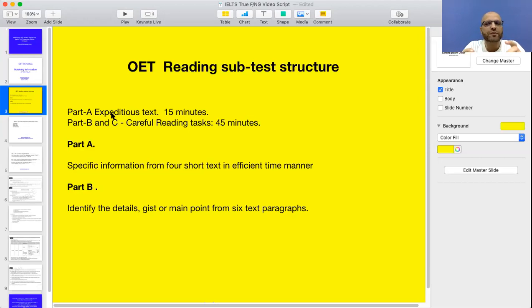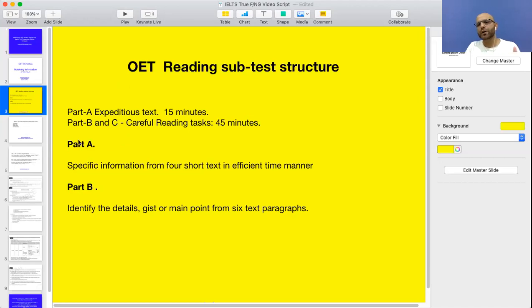You really have to consider this when you're attempting OET reading: which skill is being assessed by the OET examiner in different parts. Then, when we learn the strategies of reading, we are in a position to apply those strategies in a relevant text structure.